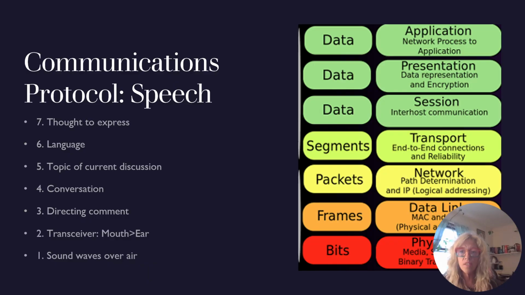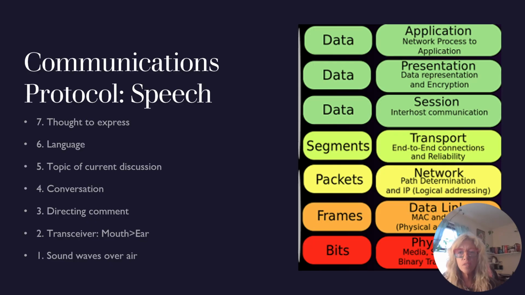Layer 6 would be the presentation layer, which ensures that data is in a suitable format for the application. In speech, this could be the vocal apparatus and the tongue shaping your sounds, how your tongue positions itself to produce different vowels and consonants. Layer 7, the final layer, the application layer.